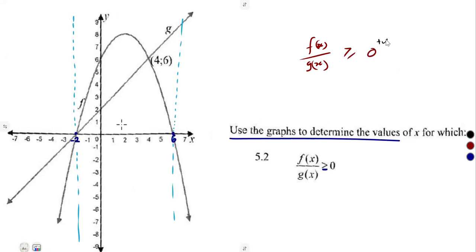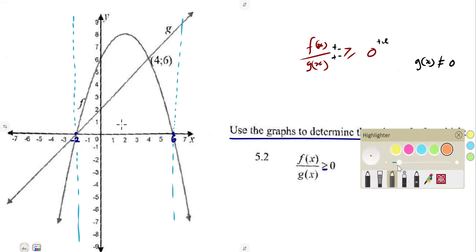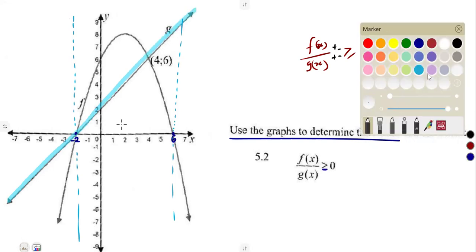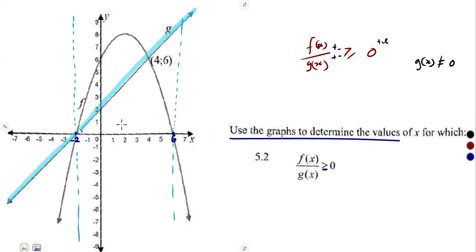So we are back to positive over positive, negative over negative. But take note, gx is in the denominator. Gx can never be equal to 0. So we must consider our gx. Gx is the straight line. This is our gx. So where is it equal to 0? Gx is equal to 0 at minus 2 on the x-axis.